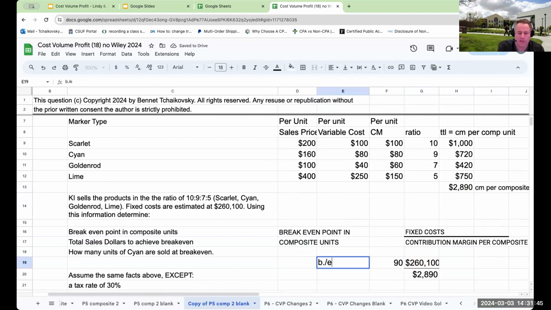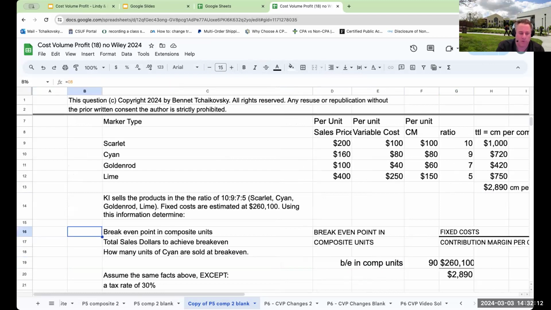I'm taking my fixed costs, dividing by my contribution margin per composite unit, so my break-even in composite units is 90. These are composite units that are being sold.